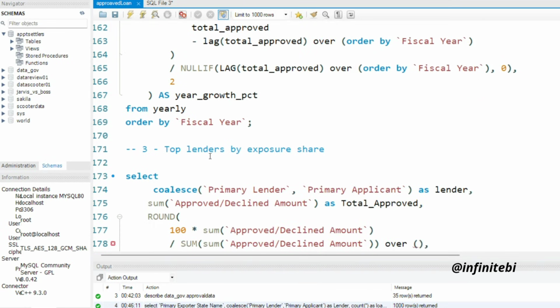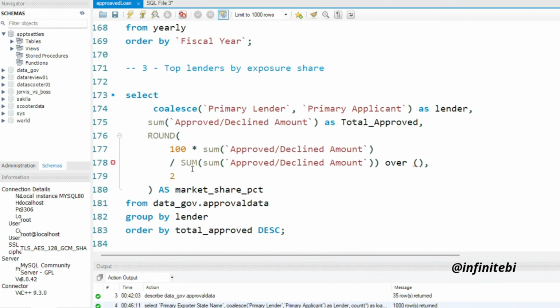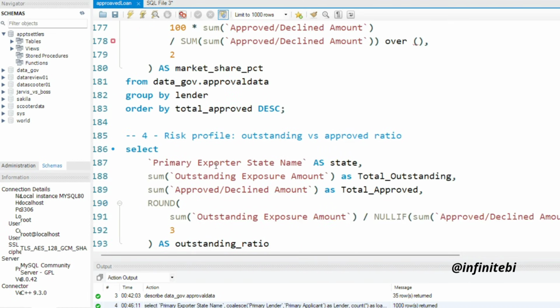And then we got the top lenders by exposure. We got the outstanding versus approved ratio. So how many loans were outstanding, or how many of the loans are still pending to pay, versus the approved ones, right? The total is approved, and the ones that are still pending to pay have not completed their payment yet.